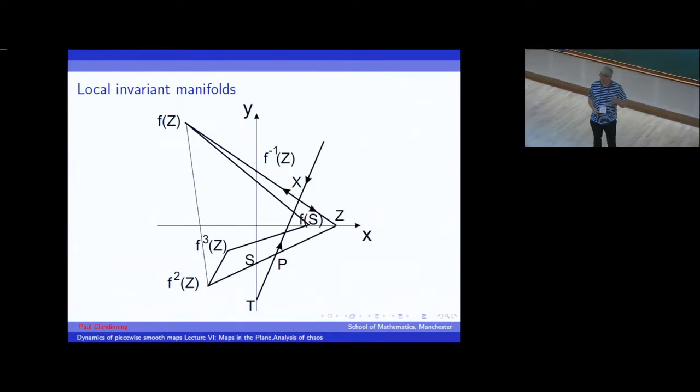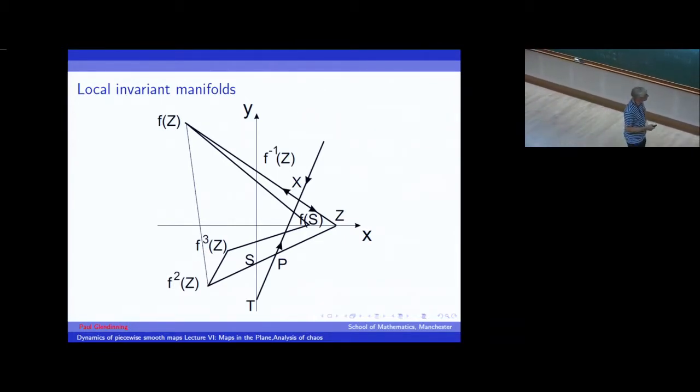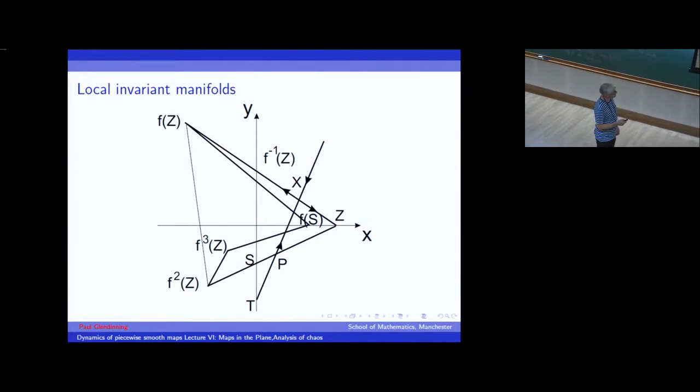So what I want to do is just describe briefly how you build up this sort of picture. So X here is the fixed point. It's got two real eigenvalues. One of them is unstable and negative, so on the unstable manifold, things are oscillating from side to side.